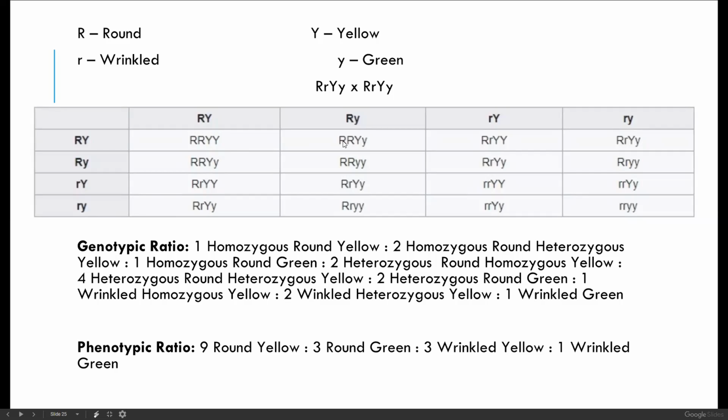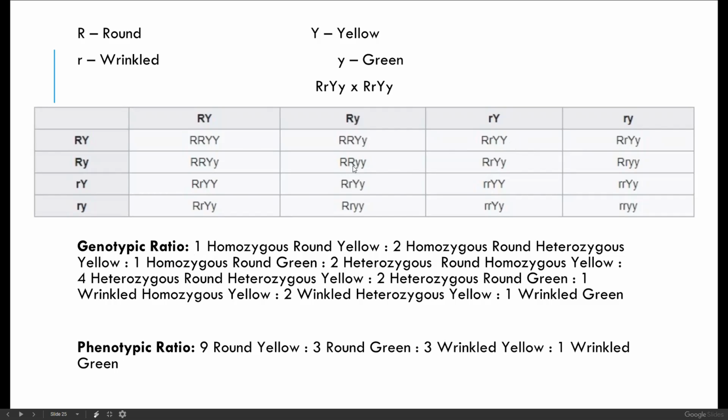And two homozygous round and heterozygous yellow. Okay. One homozygous round green. Homozygous round green. This one.